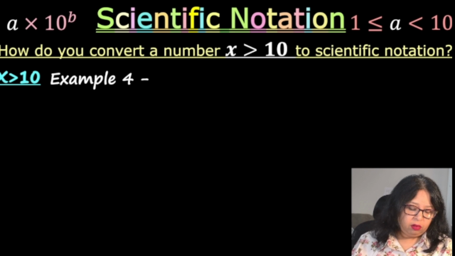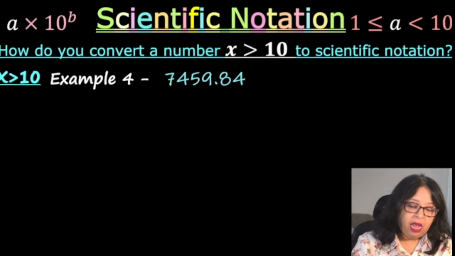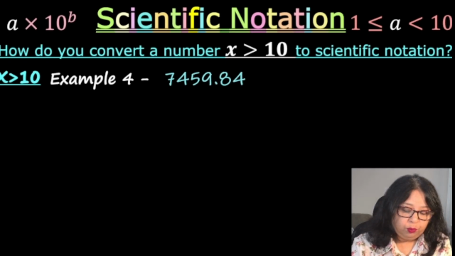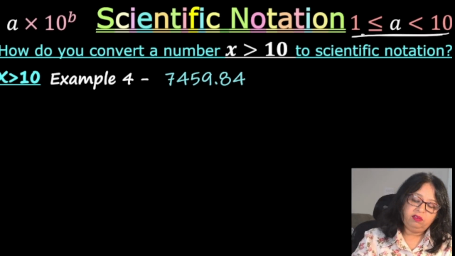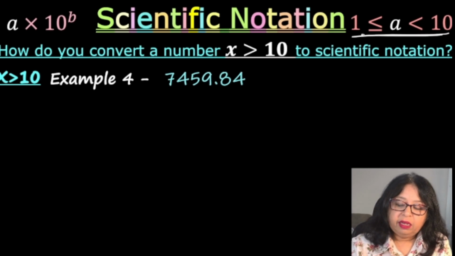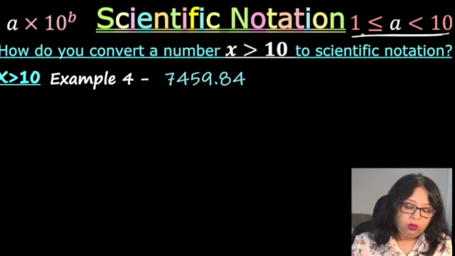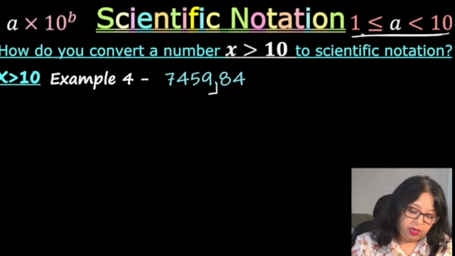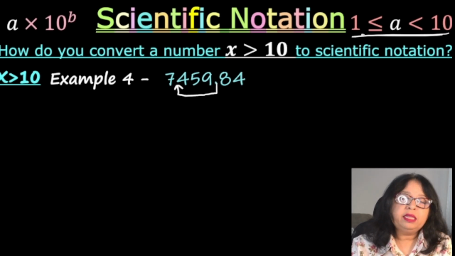Here we go. Example number 4, 7459.84. Now, you need to bring this big number, which is bigger than 10, to lie within this range. So it needs to be smaller than 10. To make this number smaller than 10, you need to move the decimal to the left over here, such that the decimal now lies between 7 and 4.